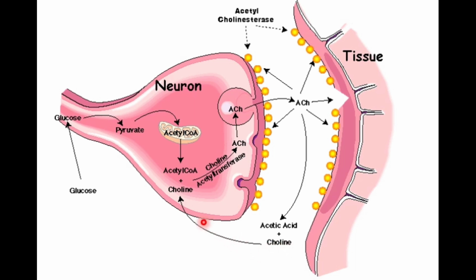Choline is taken up actively by the neuron and is used for further synthesis of acetylcholine.